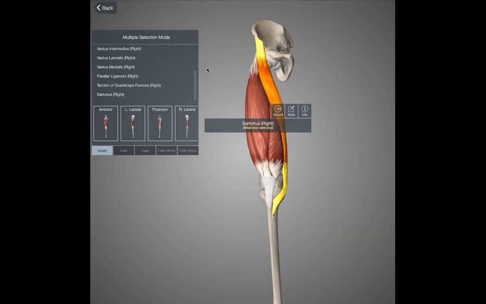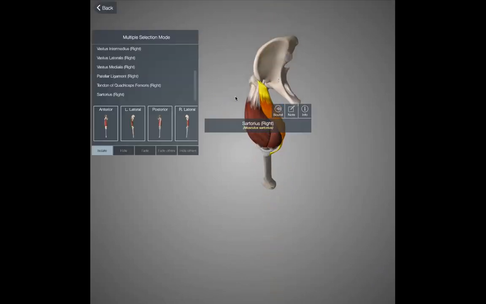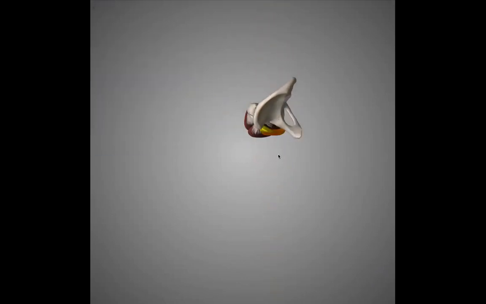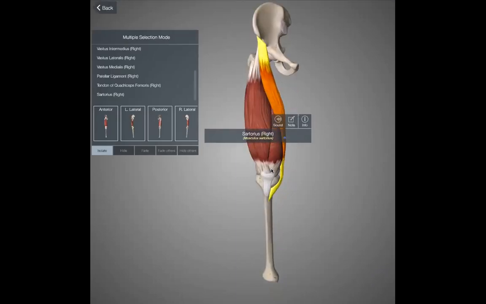We are also causing lateral rotation, so the rotation of the femur this way on its axis. Maybe I will show you this way. It causes lateral rotation.